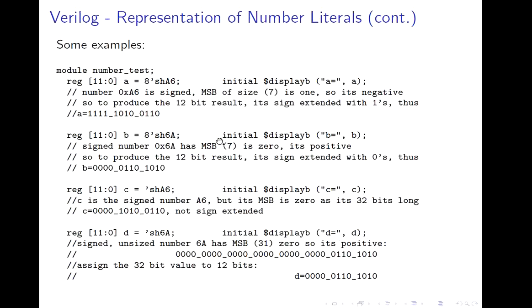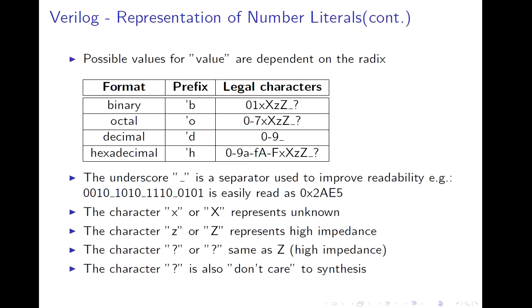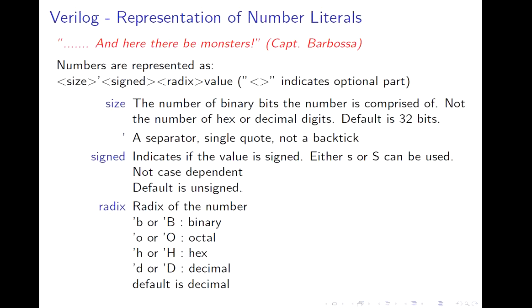Now here you can see, whenever I want to represent any particular number, I have to represent it in a particular format. Any particular number has certain prefix things that are attached to the value. That is your size.